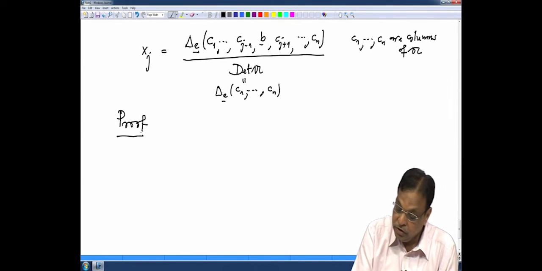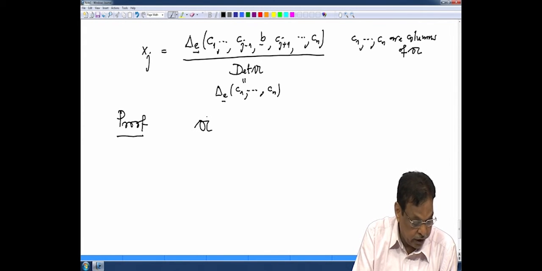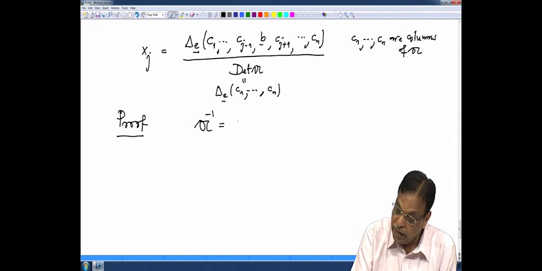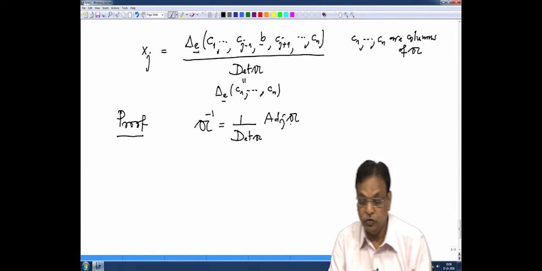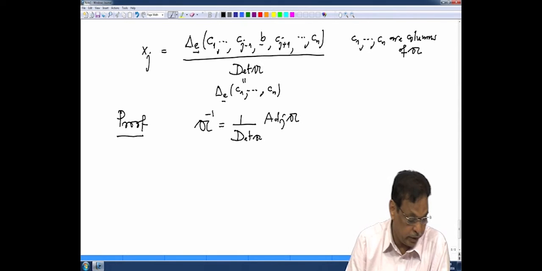I will use the fact that the inverse of the matrix, we know A is invertible, that is our assumption. So, A inverse is 1 over determinant of A times adjoint of A. This follows from the adjoint determinant formula.